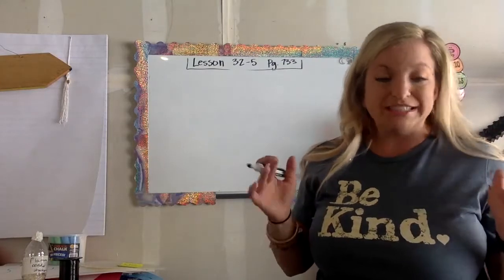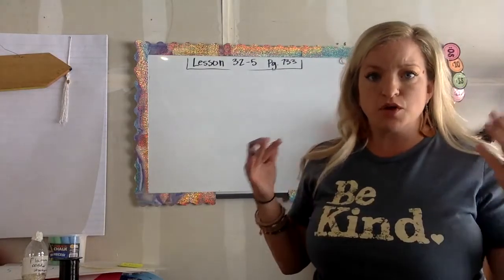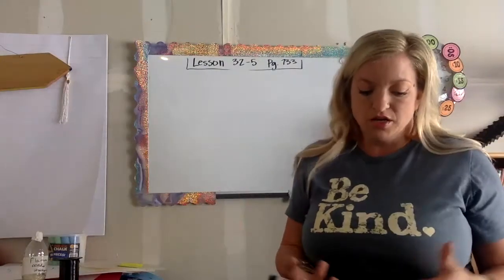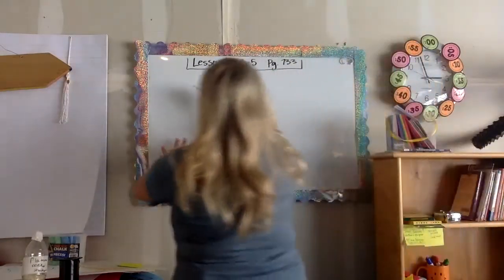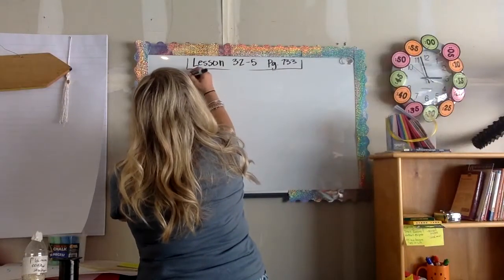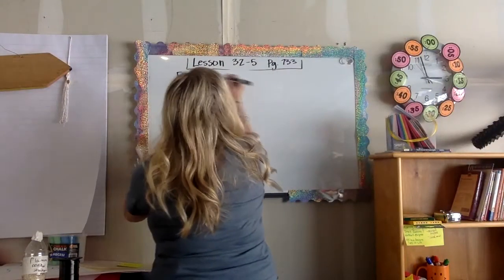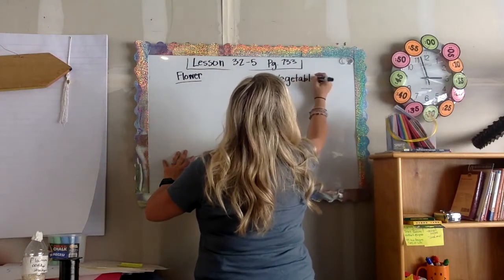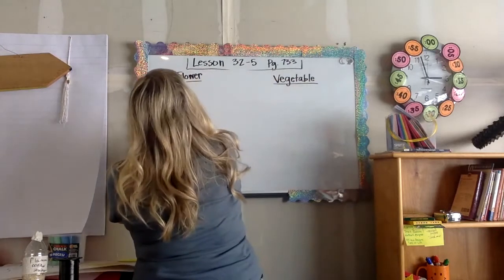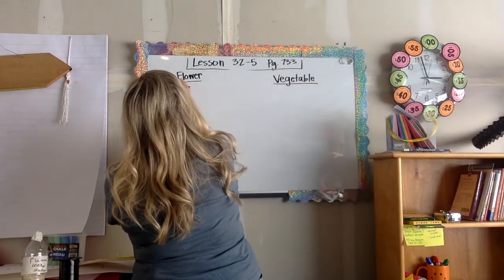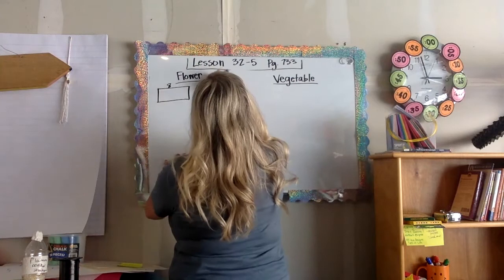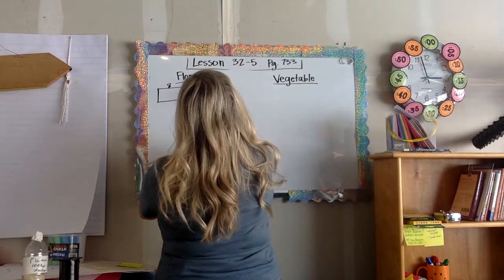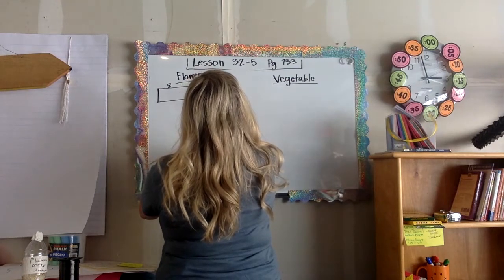So we know the length of her garden. We need to find out the width of her garden. They give us a hint. They tell us that the area is 40. So if we break it down, let's write flower here, and this is her vegetable garden. All right, so one of her sides is 8 feet. Now we know the area is 40. We also know that area equals length times width.